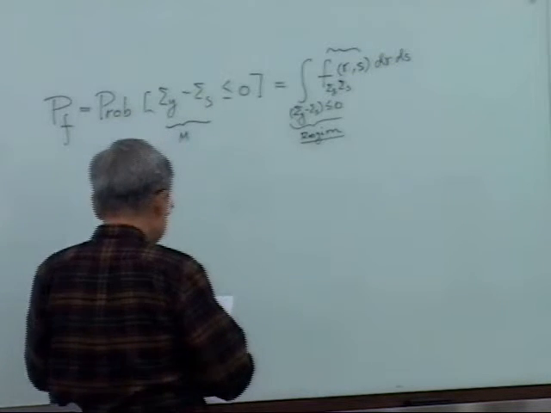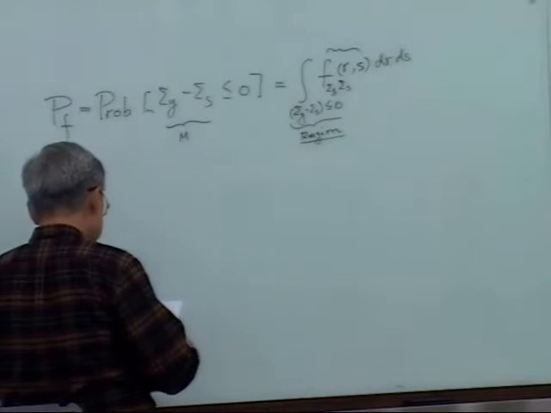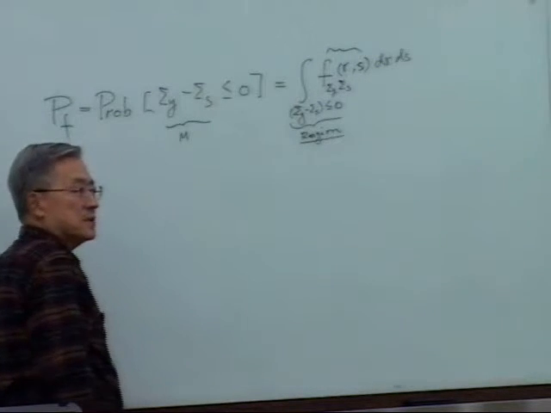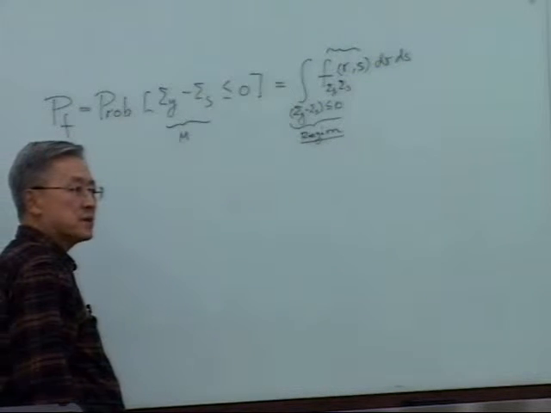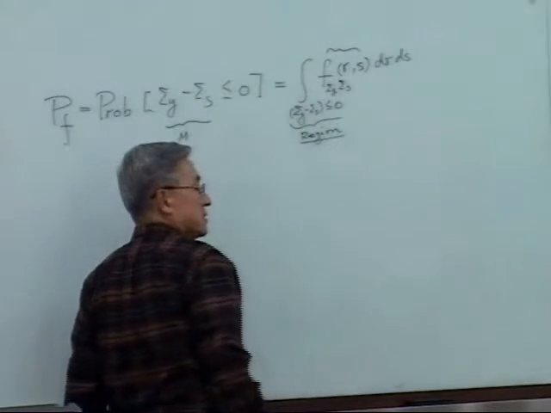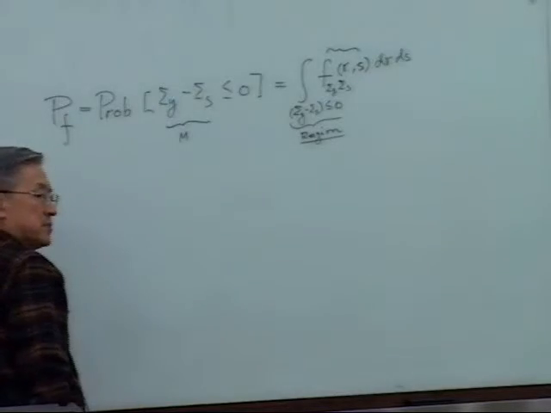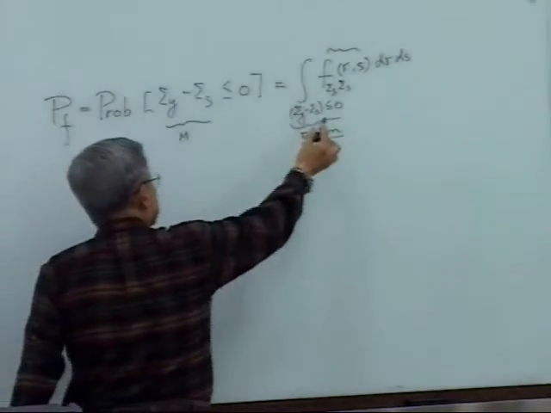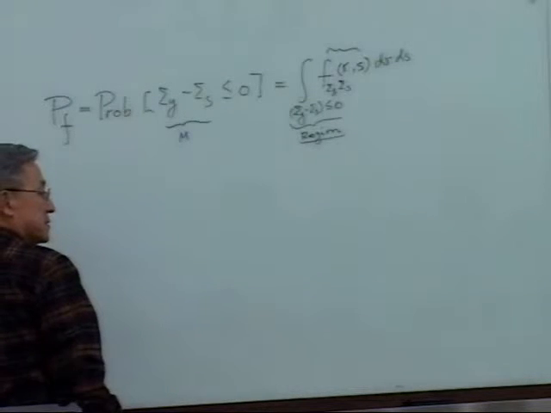But if it's going to 3, then it's getting difficult. So that's what you have to integrate. This is, of course, the double integration, because it's really integrating in the given region.